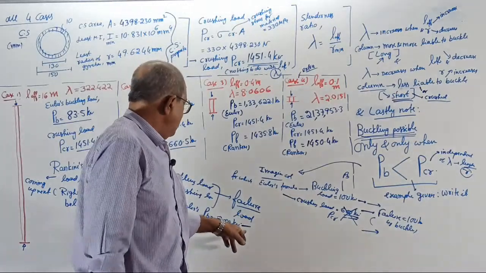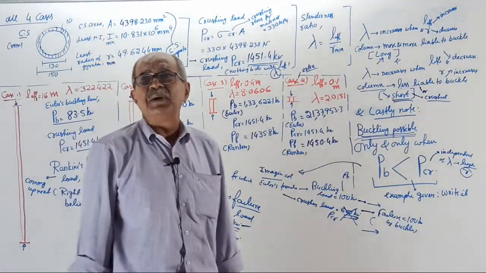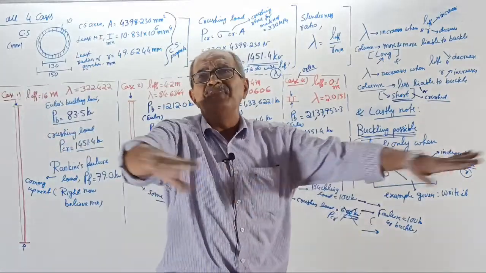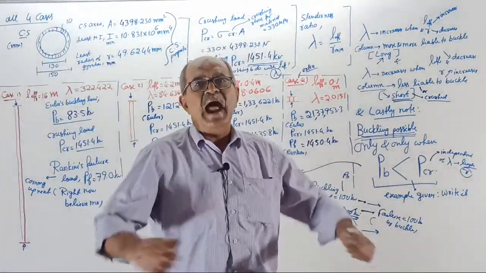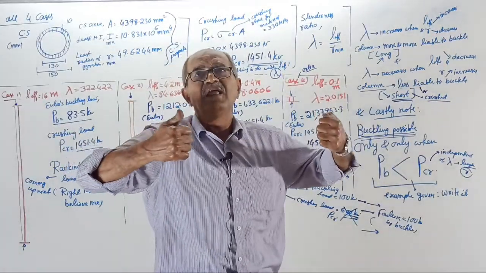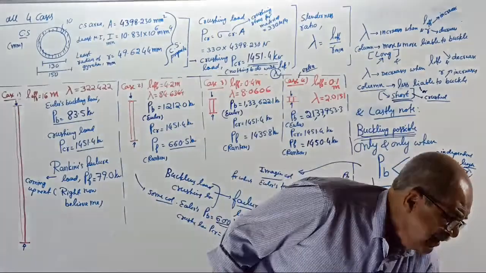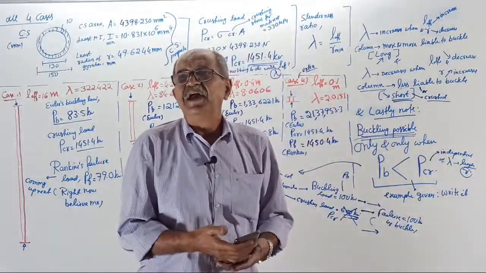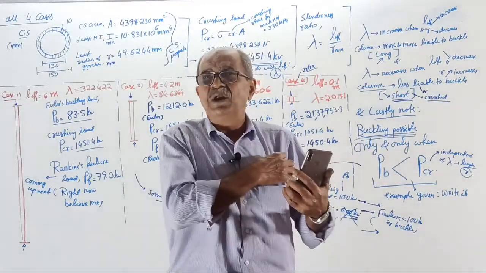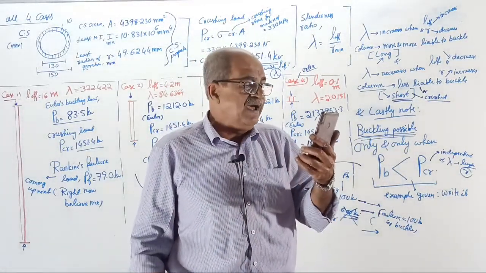So, if you say 600 is justified, what should happen? The column will get fully crushed and spread on the ground. Then it will stand up once again. And why are you standing up once again? Because I want to buckle. Is that possible? The column gets crushed at 100. It has to stand up once again and say, now I want to buckle.